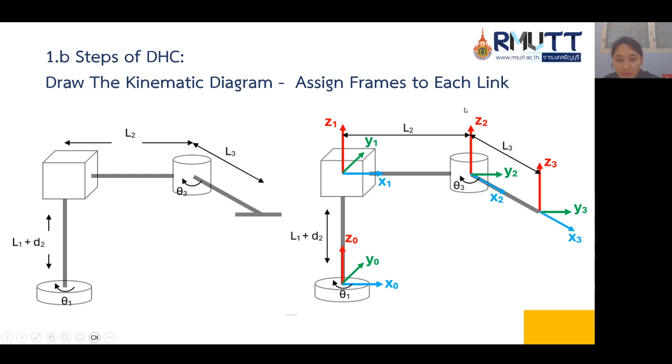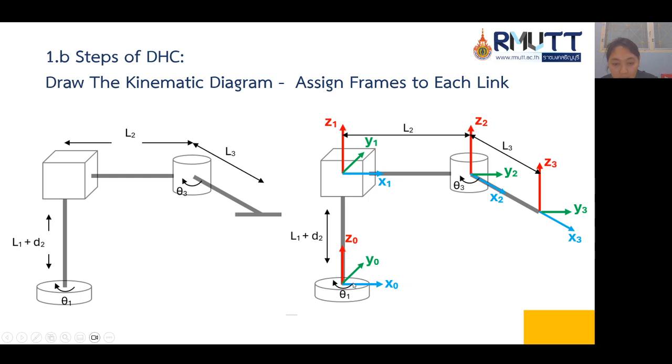To assign frames to each link after defining the joint types, rotational, prismatic, and rotational, we can assign the frame for the first rotational joint. This is the z-axis, the axis of rotation, and this is the x-axis.